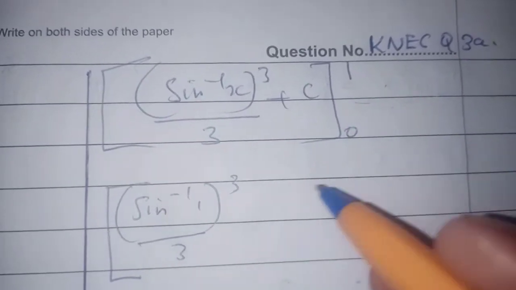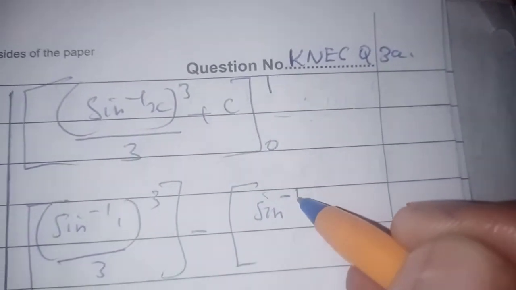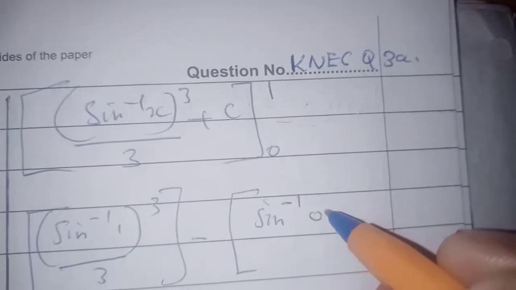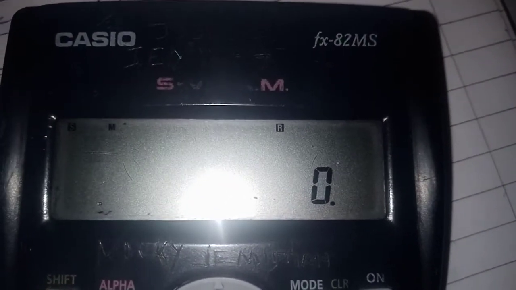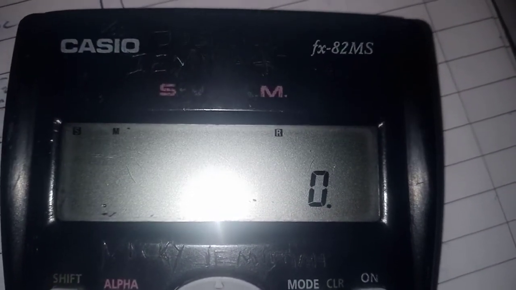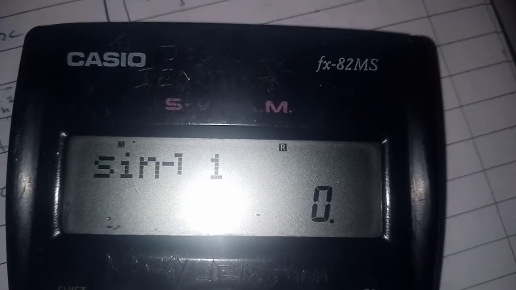Then minus sine inverse of 0 cubed all over 3. So let's wind up. Just shift sine of 1. What is the result?